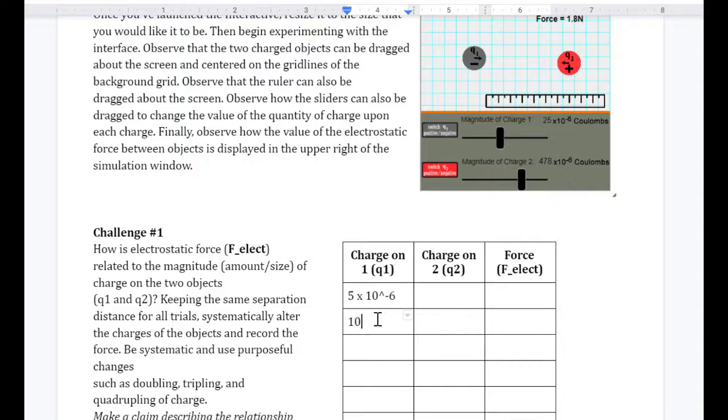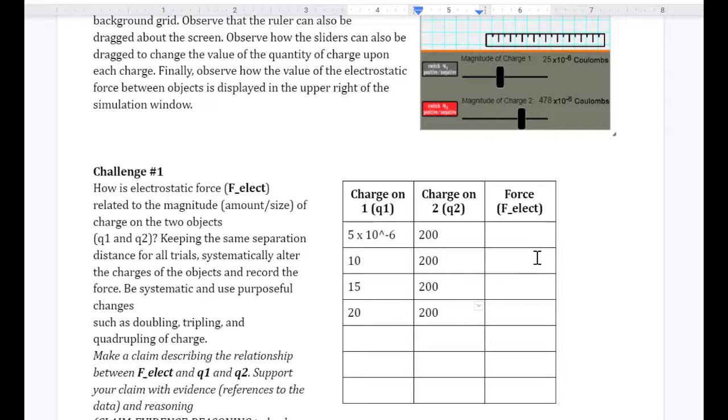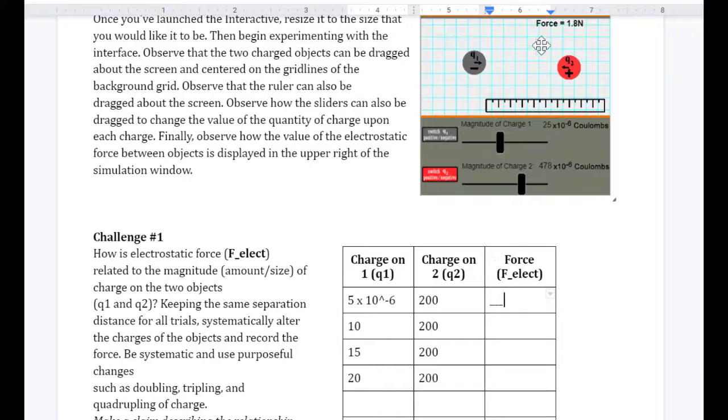So let's double that. So on this one, let's say that we were changing around these charges. On this one, let's say I just kept these all 200. I have manipulated the charges, and you can fill in whatever that force is, and that force is up here.